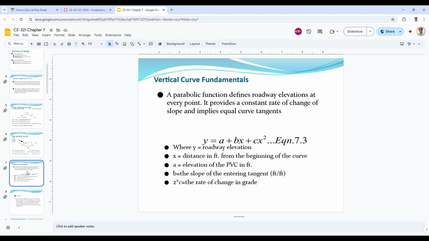So my x and y, those are my variables for this equation. And a, b, and c are the parameters of that equation. I hope you know what those mean, right?